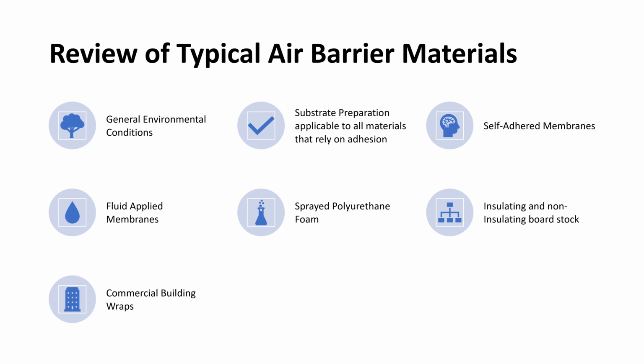And then we're going to take a look at 6 different types of air barrier systems. So self-adhered, fluid applied, sprayed foams, and there's a couple different types, and I'm going to talk about those different types. We're going to talk about insulating and non-insulating board stock and what that actually means.